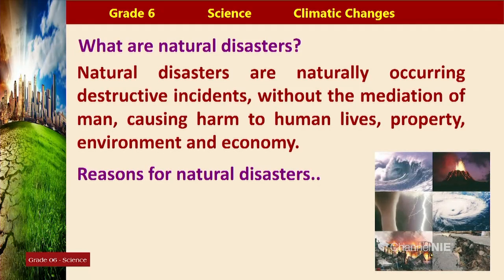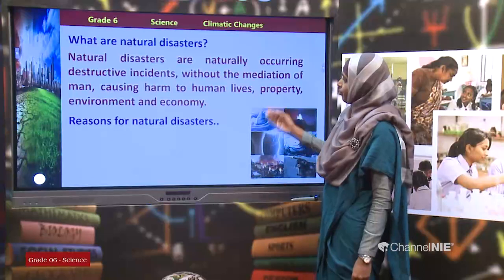It can destroy human lives, properties, the environment as well as the economy. And there is no mediation of man. Man does not interfere in these natural disasters. Although man does not interfere, human activities aggravate the condition. It increases the condition of natural disasters.